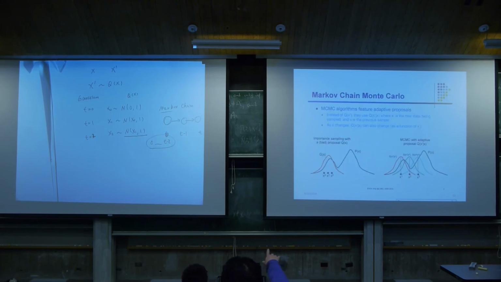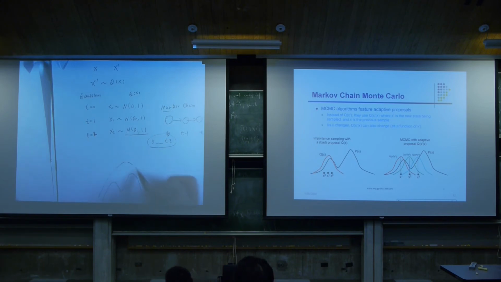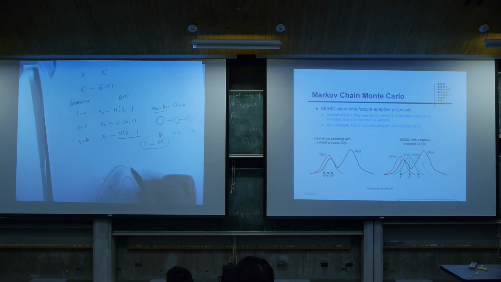Okay. In your example of the multimodal distribution, you are still likely to jump between two peaks. Yeah. So in this two-modal distribution, if you fix Q to a single Gaussian, the shape is like this, and it is fixed, cannot be changed later.